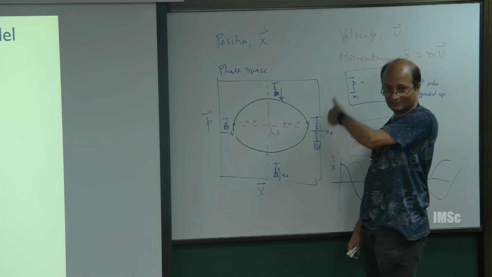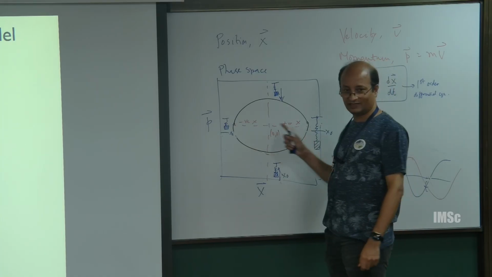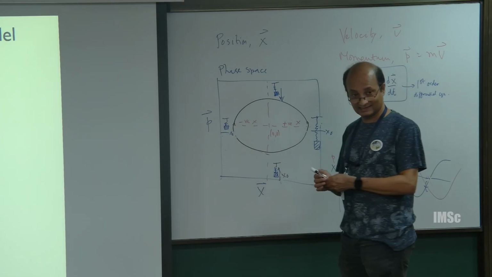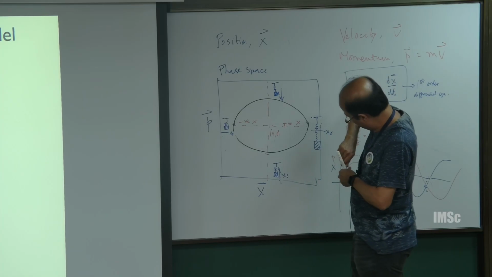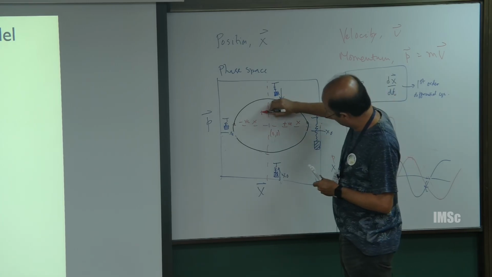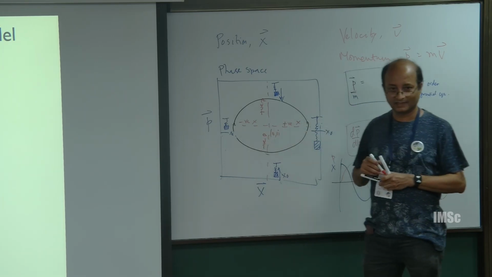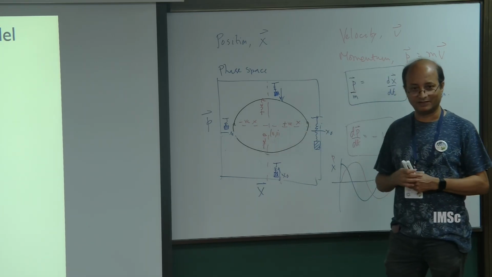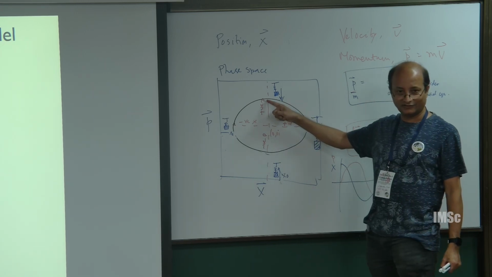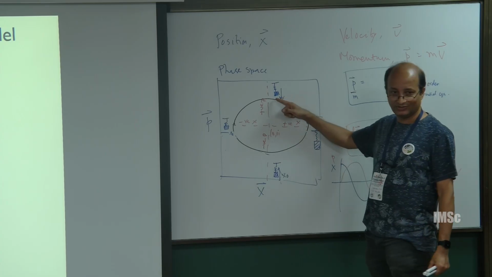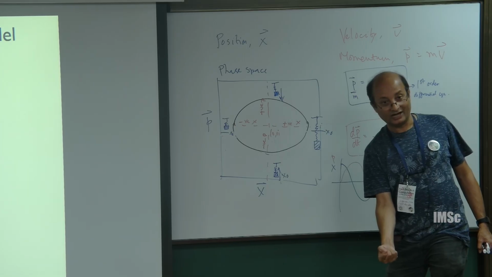The convention is going down is positive. This part is positive, this part is negative, right? Now in this axis, this is the positive part, this is the negative part for x, and this is the positive p, this is the negative p, right? By convention, my positive momentum is when you're going downward. That means when you are at the highest value of p, you should have reached equilibrium but have the highest velocity going down.